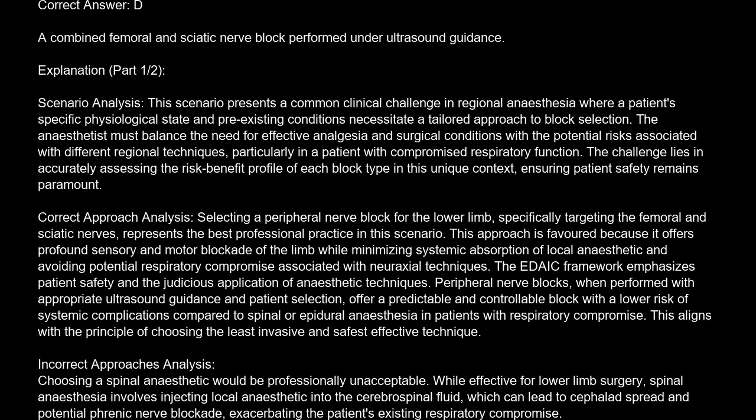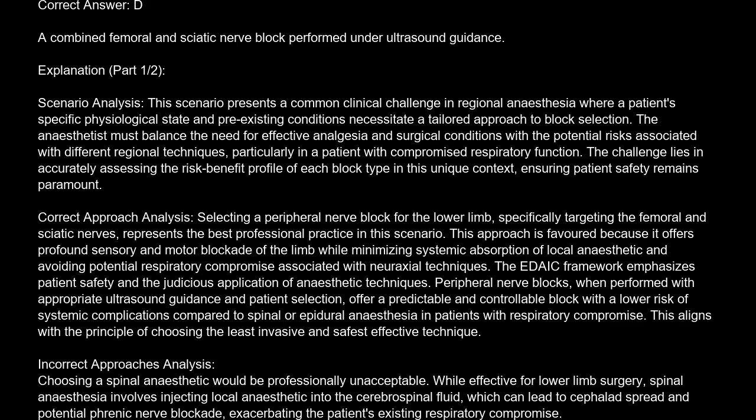Correct approach analysis. Selecting a peripheral nerve block for the lower limb, specifically targeting the femoral and sciatic nerves, represents the best professional practice in this scenario. This approach is favored because it offers profound sensory and motor blockade of the limb, while minimizing systemic absorption of local anesthetic and avoiding potential respiratory compromise associated with neuraxial techniques.